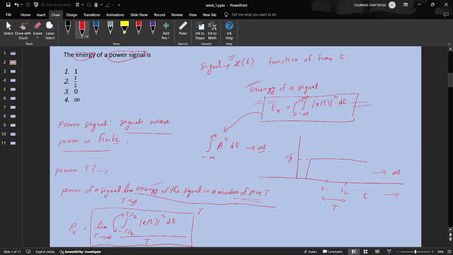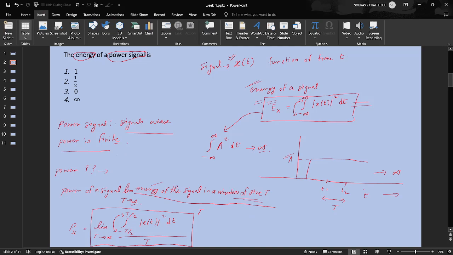And so power signals, we have already defined, are those signals whose power is finite. Let me take a new slide here and reiterate the point.